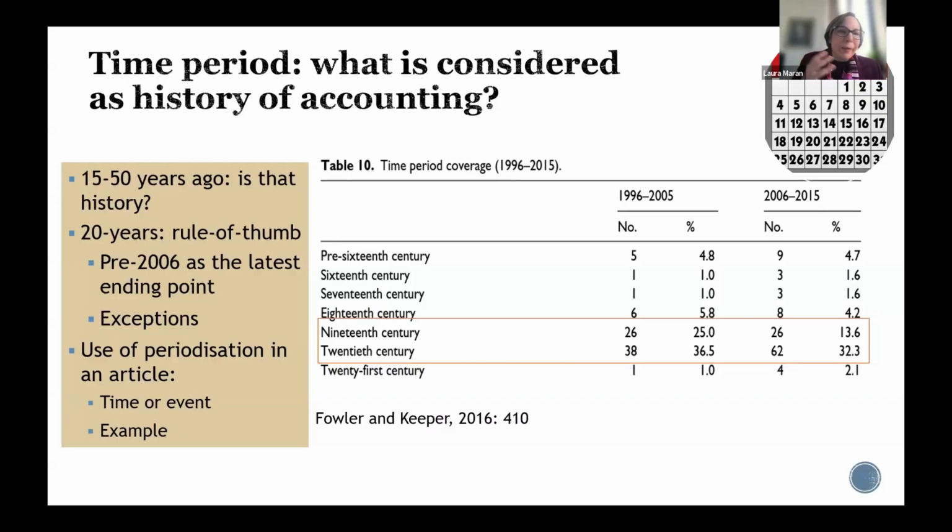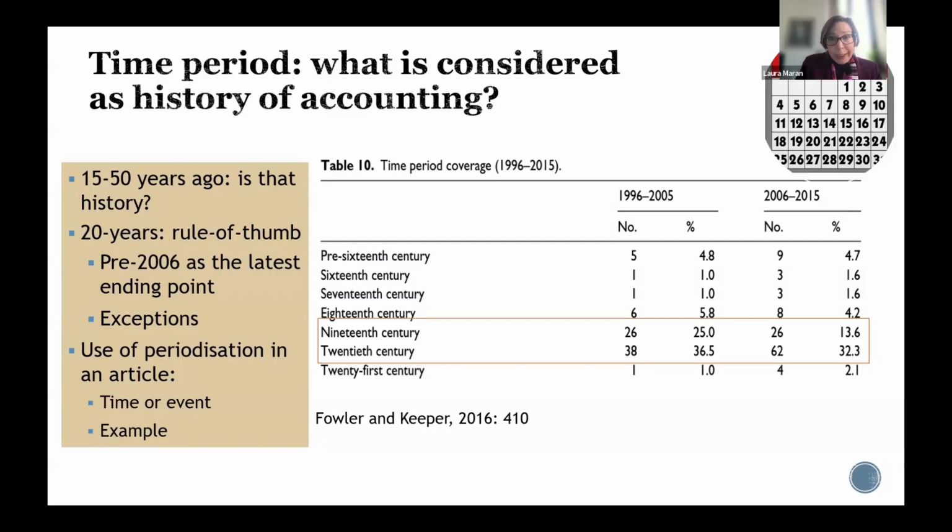So is 15 to 20 years ago considered history? As a rule of thumb, we want the time frame to stop at least 20 years ago, pre-2006 as the latest ending point of any research in accounting history, at least for the journal.